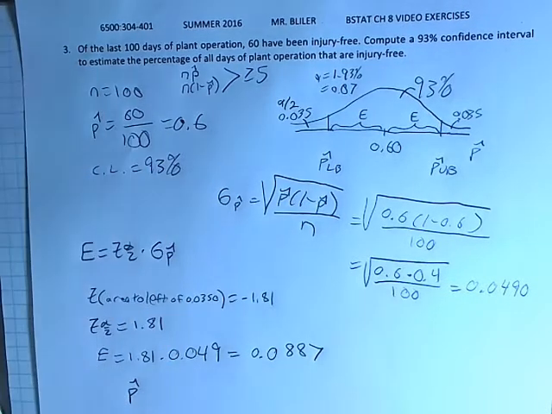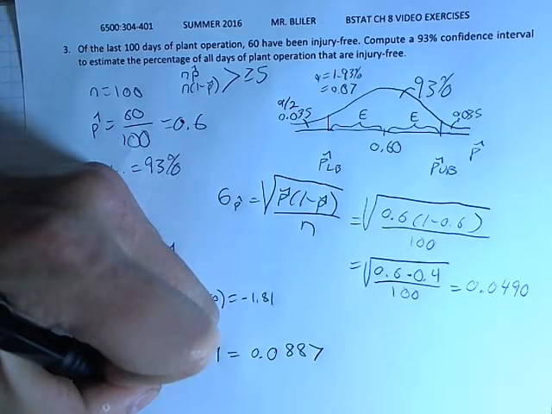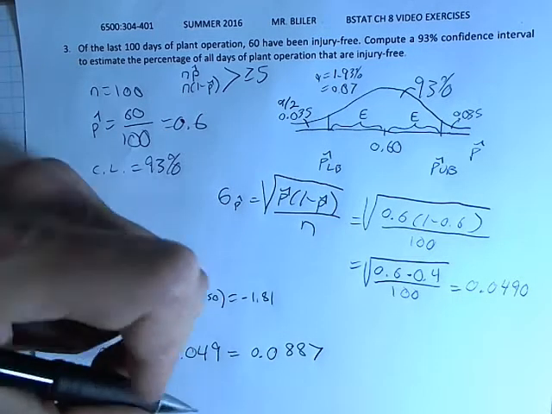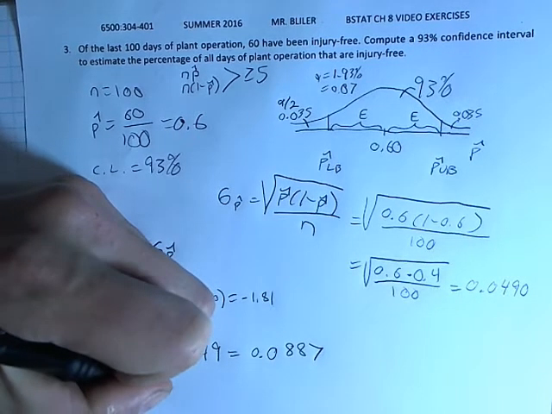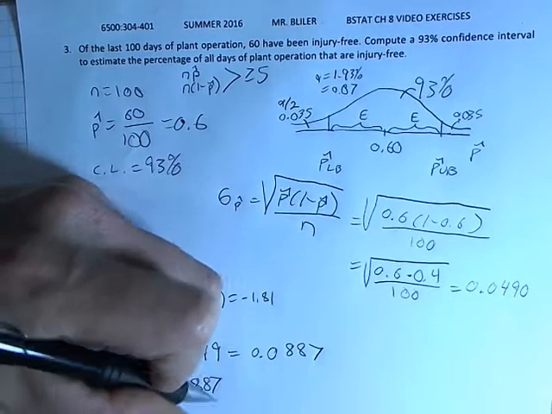And now, knowing exactly how many units of percentage our margin of error is, we'll take our sample proportion, and we're going to add and subtract to that margin of error.